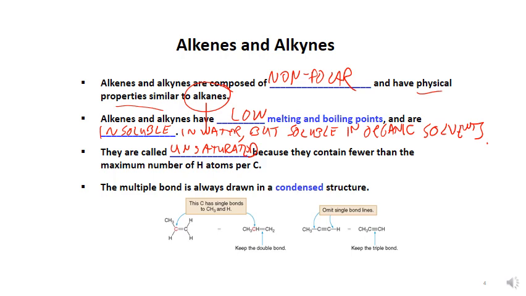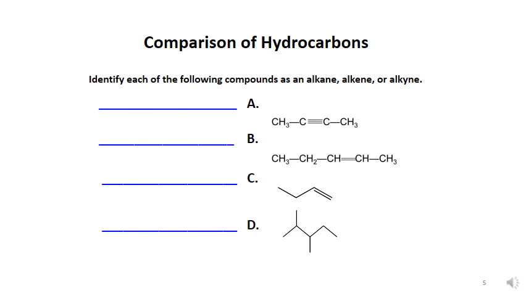And because there's no other way when drawing a condensed structure to show a double bond other than showing both bonds or showing all three bonds, the multiple bond is always shown whenever you're drawing a condensed structure. Cool, moving on.